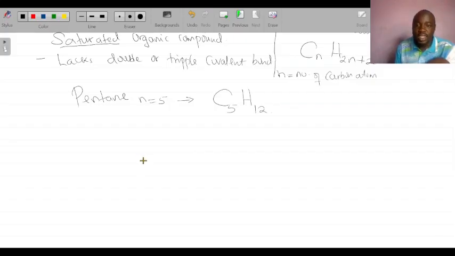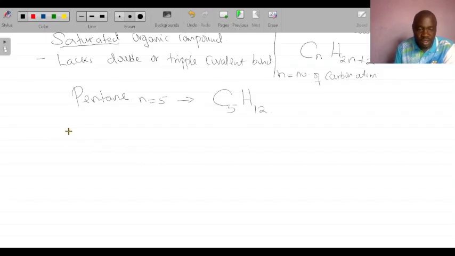We want to look at some of the isomers of pentane, the compounds that will have this same molecular formula but different structures.